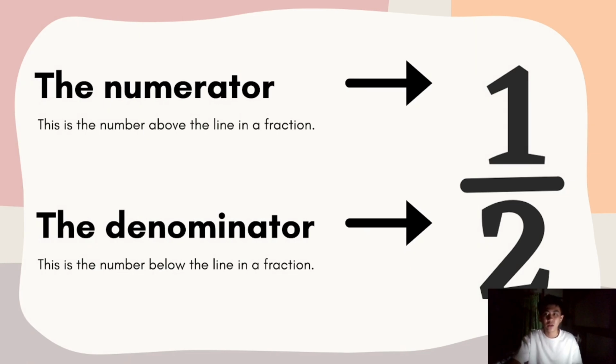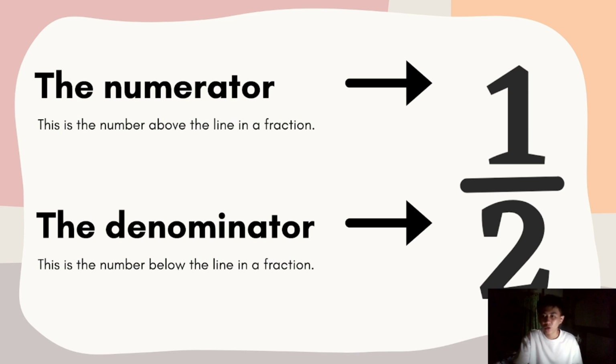The first is the numerator, the number above the line in a fraction, and it represents the number of parts we're considering or focusing on. Second is the denominator, the number below the line in a fraction. It represents the total number of equal parts that make up the whole.